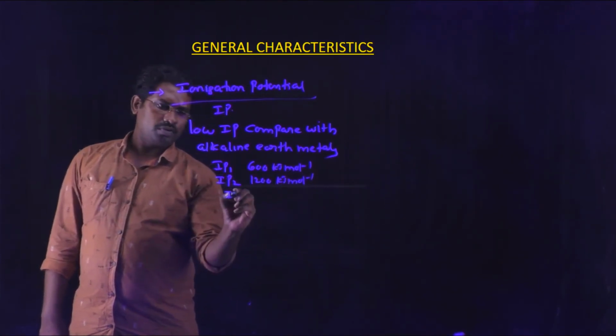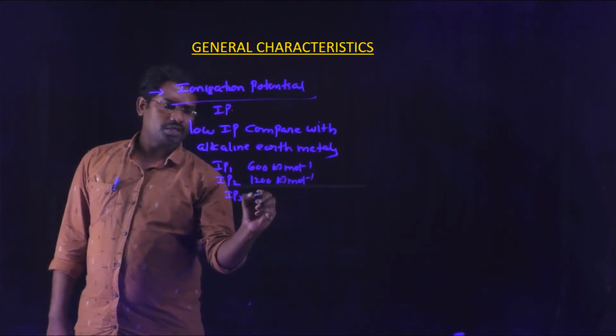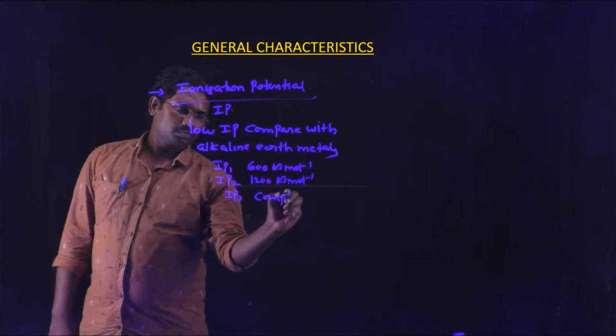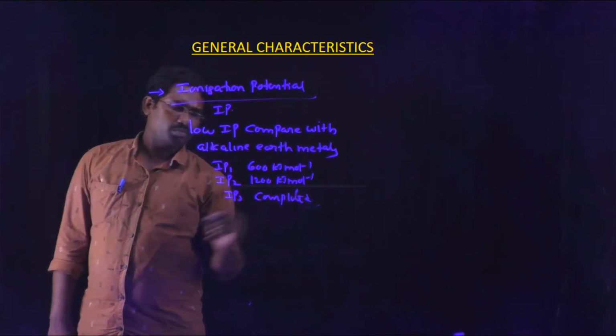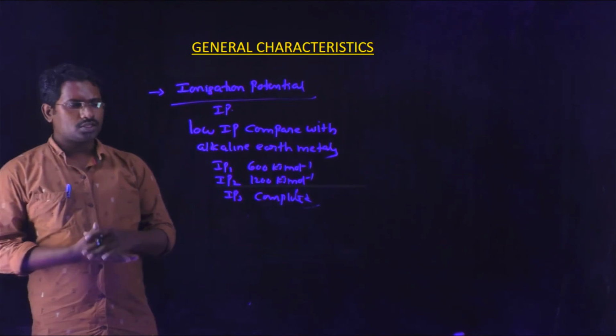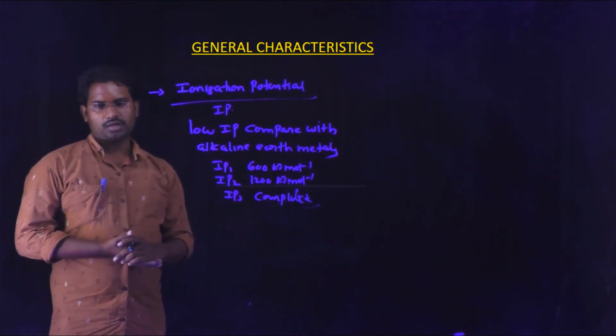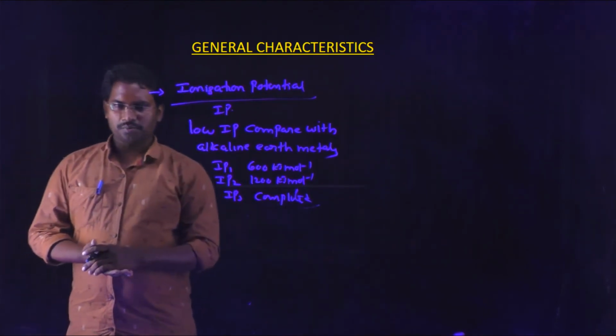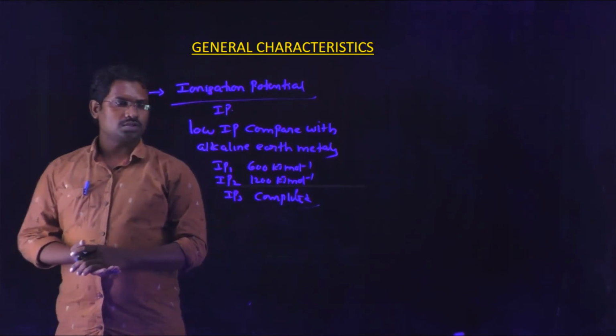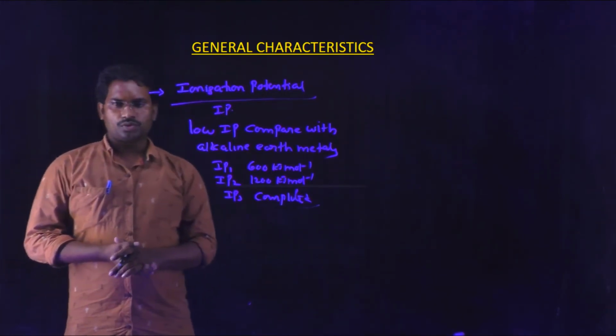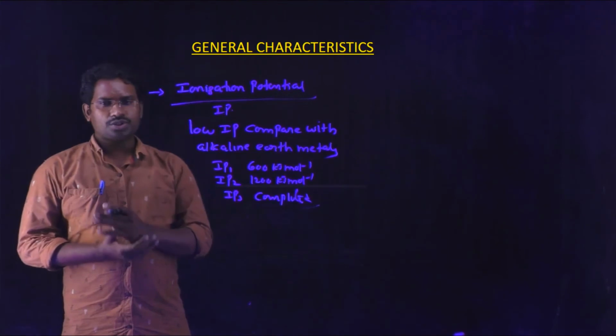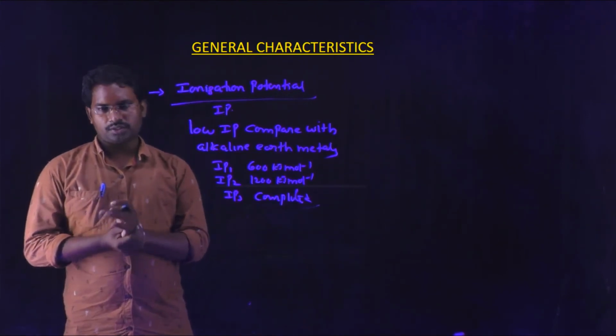The IP3 values are complicated, based on the stable oxidation state possessed by lanthanides, that is the +3 oxidation state. So this is about the ionization potential values of lanthanides.